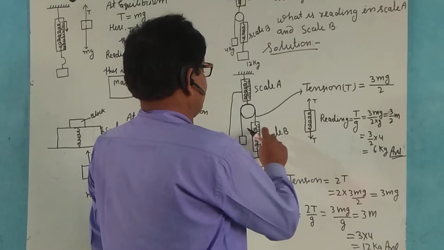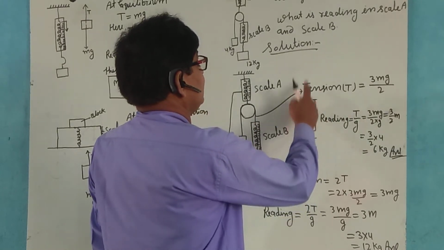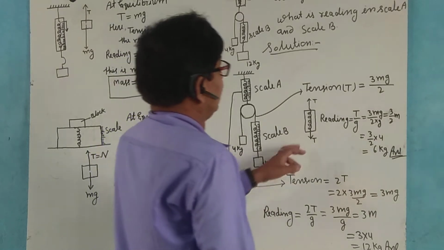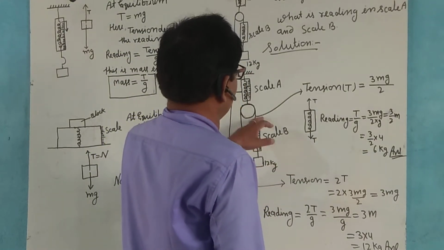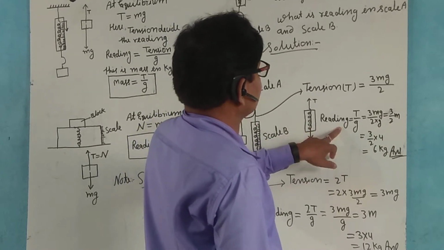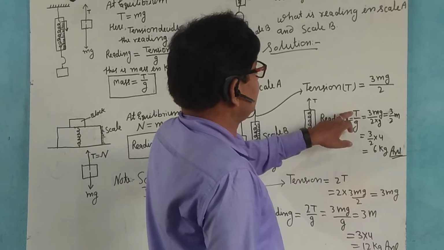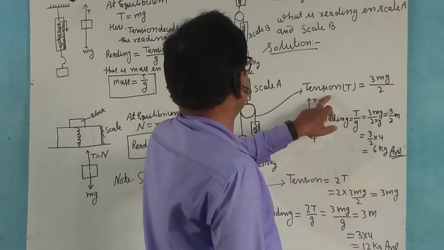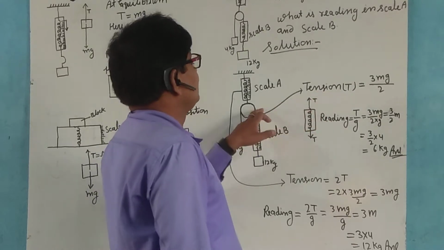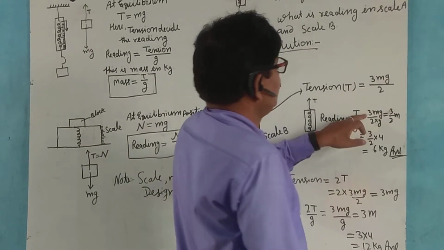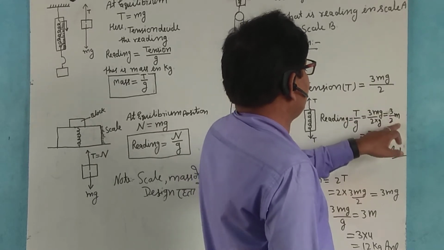Now we take this scale here, with tension T in the upward direction and tension in the downward direction, so that the reading is equal to T by g, and T we calculated in the previous video. T is equal to 3mg by 2 divided by g, and g cancels, giving 3 by 2 m.